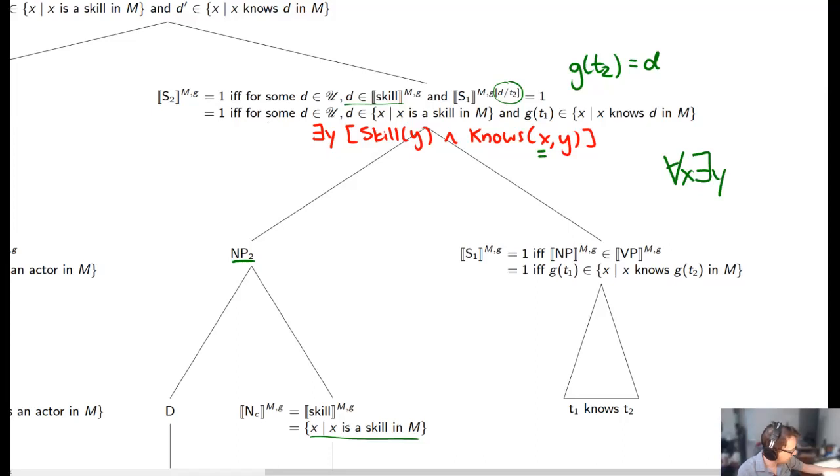So we still haven't bound X yet. We don't know what the X is, but we know that the Y is a skill. So we're saying like he or she or they know some skill.